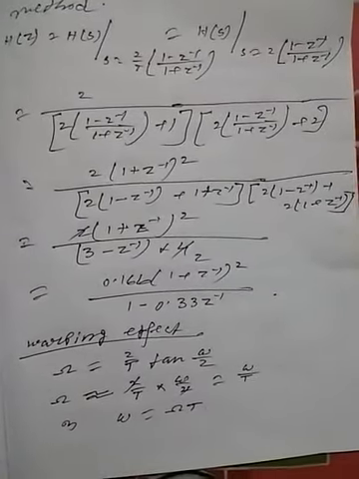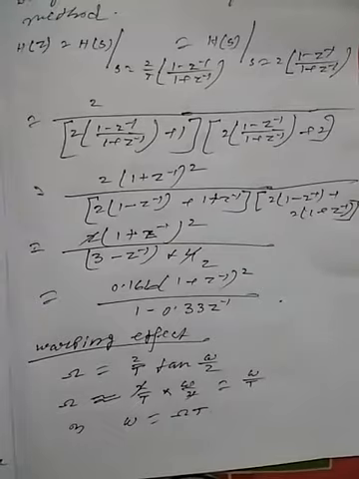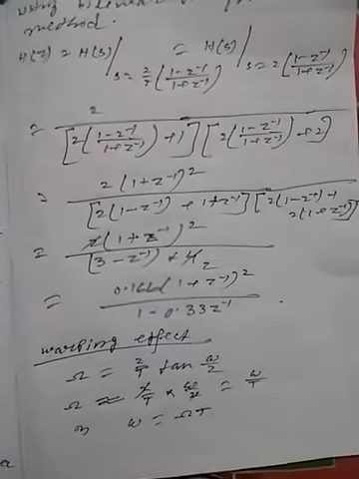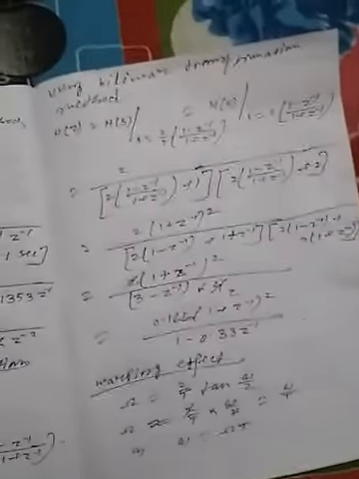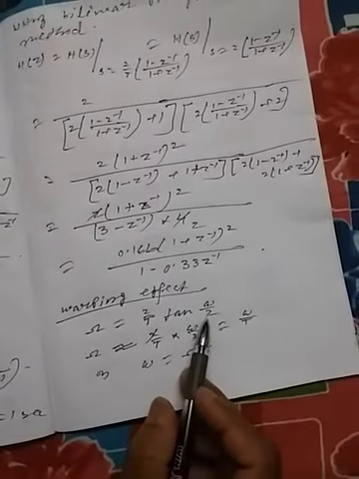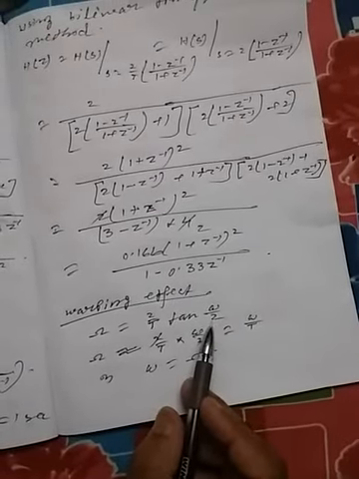Now this warping effect can be eliminated by pre-warping the analog filter. This can be done using this formula, capital omega equal to 2 by T tan small omega by 2.